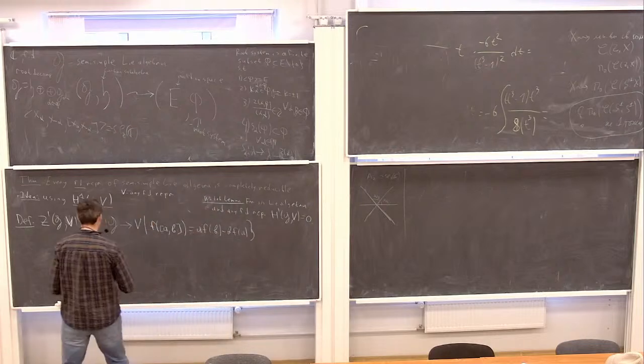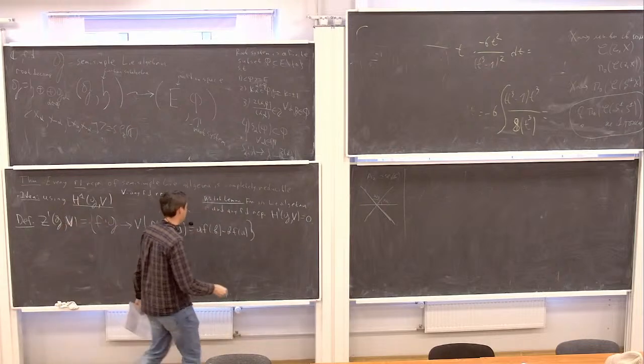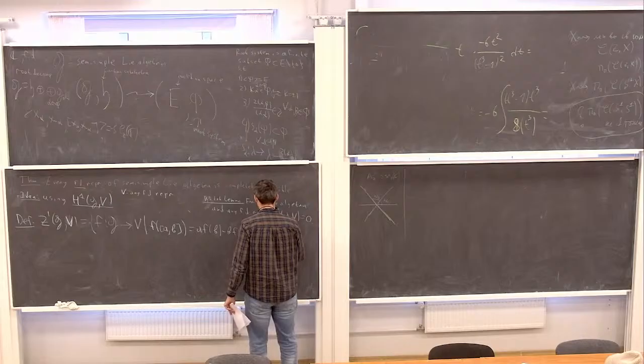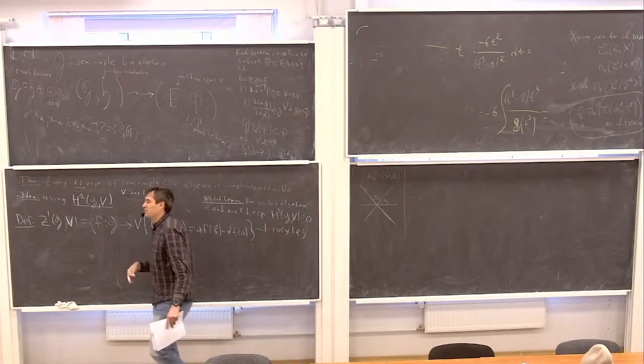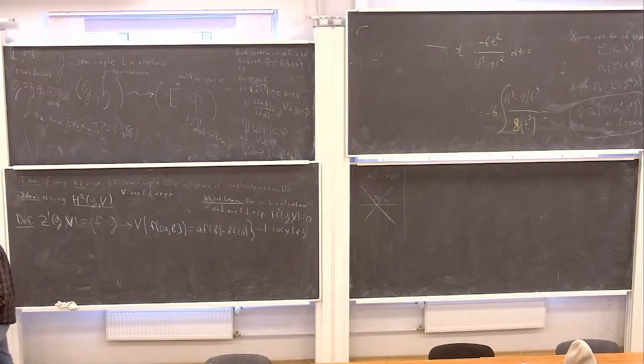This is obviously some vector space, and it is called the space of one cocycles.